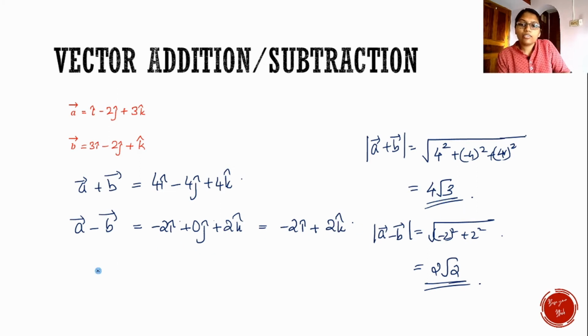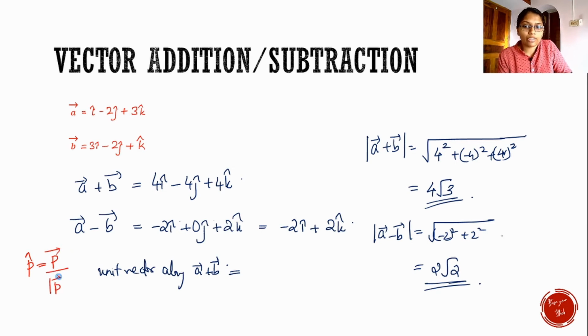Now let us see what is the unit vector along a plus b. How to get that? We have studied that: unit vector p cap is equal to vector p divided by the magnitude of vector p, isn't it?